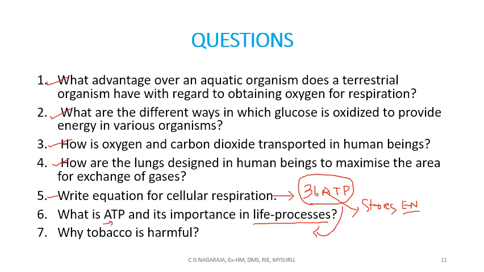Glucose is very important for respiration. Why is tobacco harmful? You should say tobacco destroys the inner lining of all the alveoli and the upper tract of the human respiratory system, which might cause cancer or respiratory diseases.